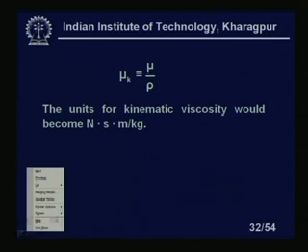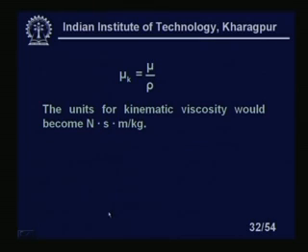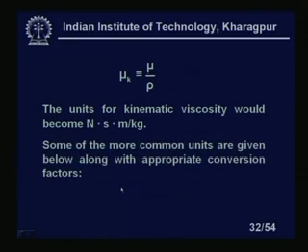So, units for kinematic viscosity would become Newton second meter per kg. That means you have to divide the absolute viscosity, or dynamic viscosity, mu, by the density of the liquid, and you will get the kinematic viscosity. These units obviously will be different.